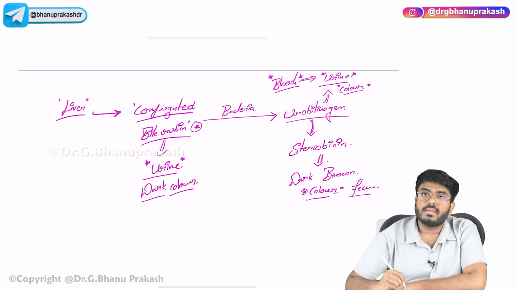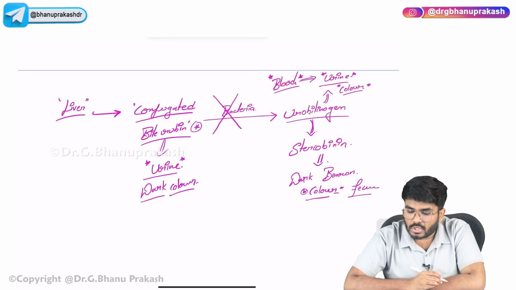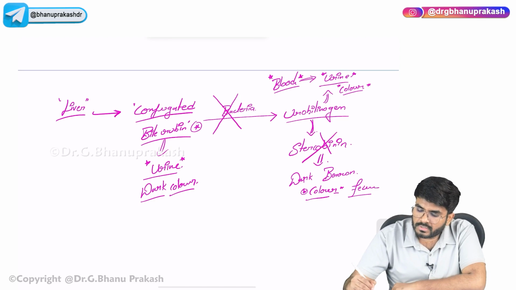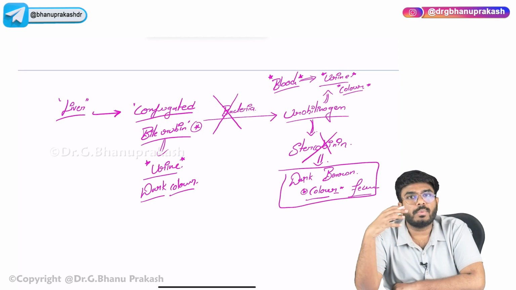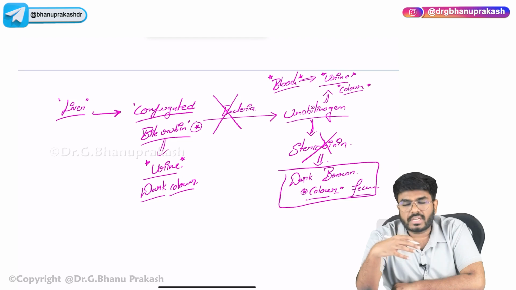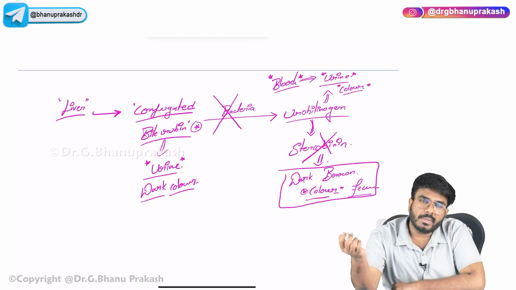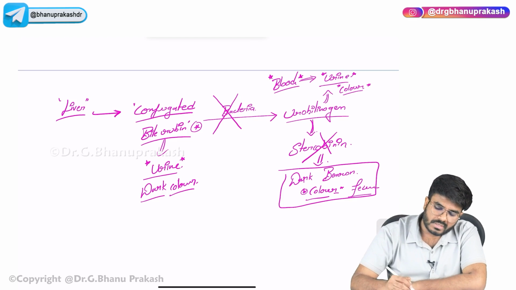This conjugated bilirubin is not going into the GIT. As it is not going into the GIT, there is no color for the feces. That is why the feces are going to be clay colored. Why clay colored feces? Because the conjugated bilirubin is not coming into the bile and not coming to the GIT because of hepatitis.